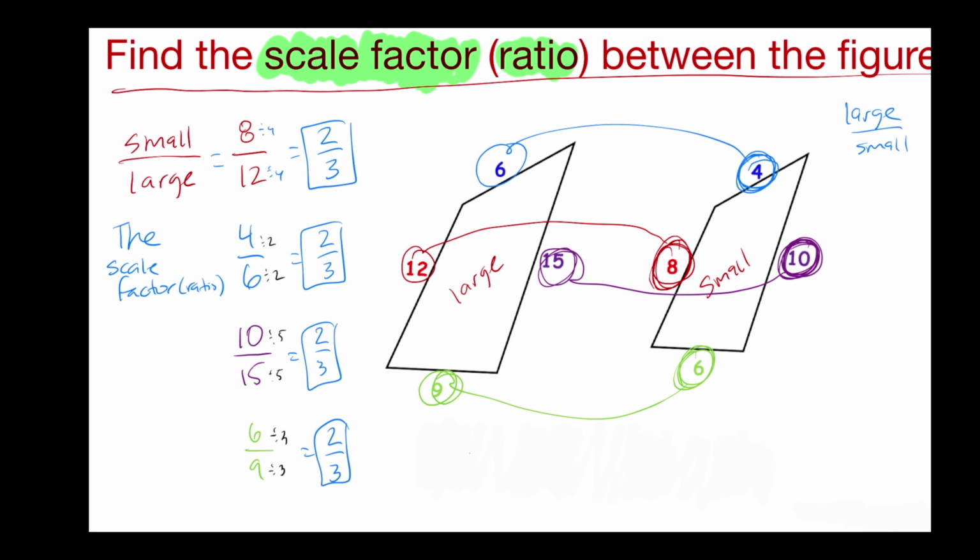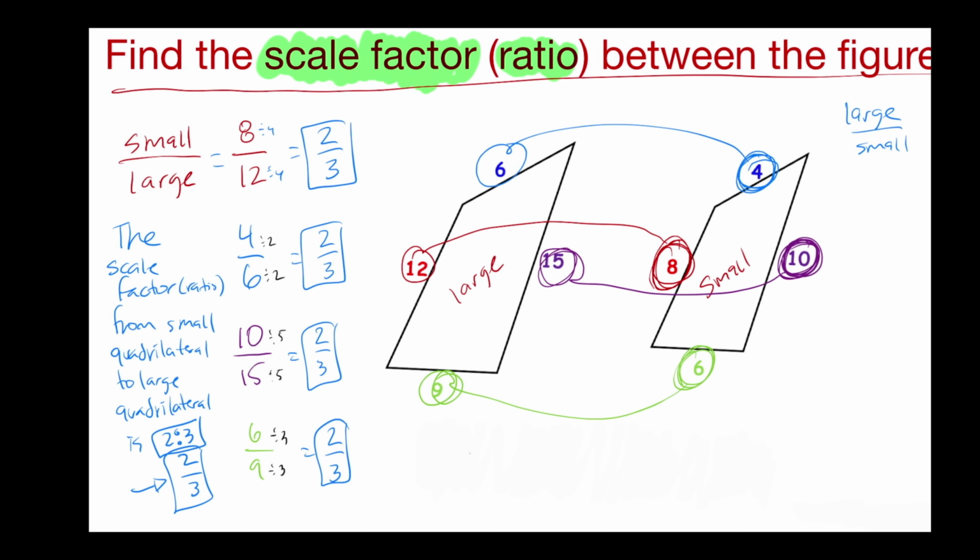The scale factor from small quadrilateral to large quadrilateral is 2 to 3, or how do we say it? 2/3. Right? It's 2 to 3 or 2/3. And usually we just say 2/3. That means the small quadrilateral is 2/3 the size of the big one.